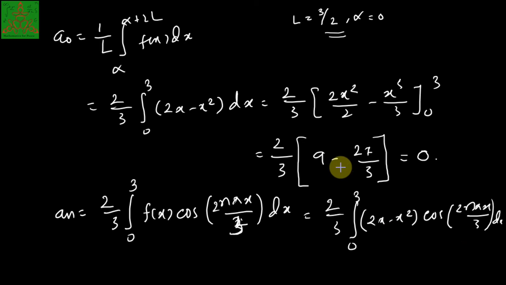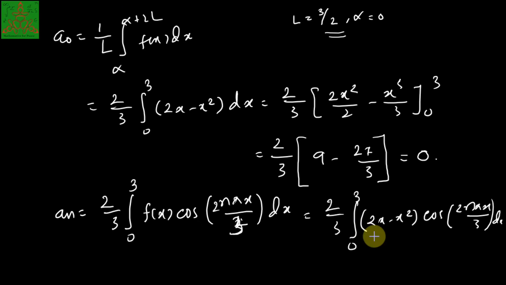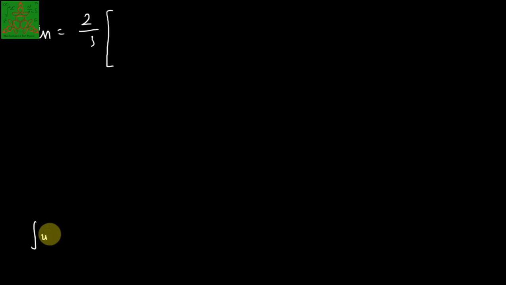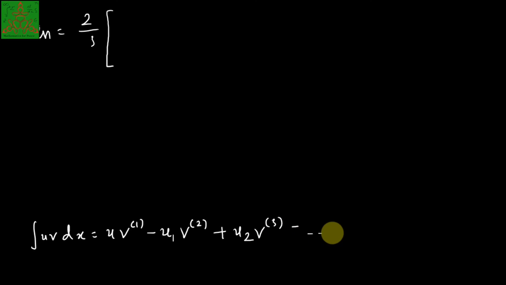In general, it is the generalized integration by parts. So to apply the generalized integration by parts, your an will be 2 by 3. The one that I am taking as u is this and this is v. Let us recall what that generalized integration by parts is. That is the integral of u into v: u times the integration of v, minus the first derivative of u times the second integration of v, plus the second derivative of u times the third integration of v, and this will go on.